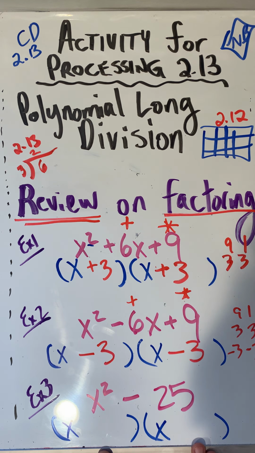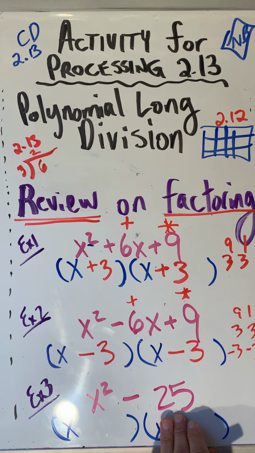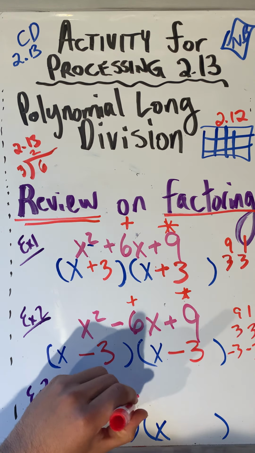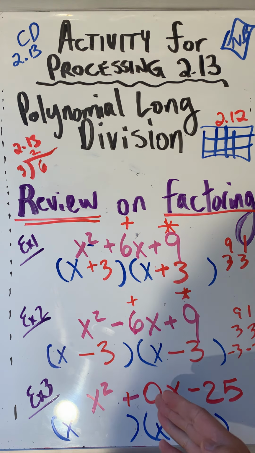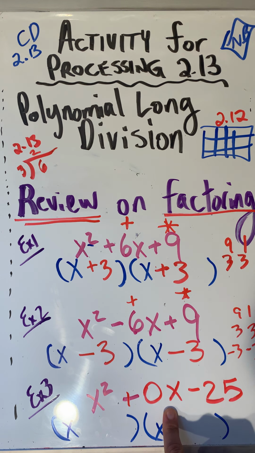And then this last one's a bit tricky. So you got x squared minus 25. So what I'm actually going to do here, and I didn't write the problem like this, is I'm going to add a middle term to make it look similar to the other ones. I'm going to put plus 0x. Okay.